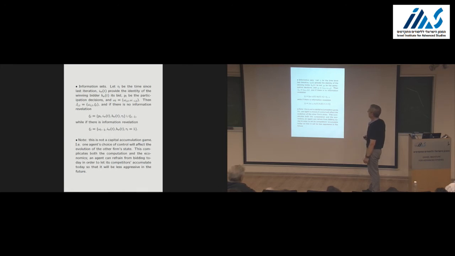The way I update CT, if there's no information revelation, is I have the information I had last period, and I update it by telling you who participated, who won, and what the winning bid was. And I get a new information set. That's the way public information evolves.